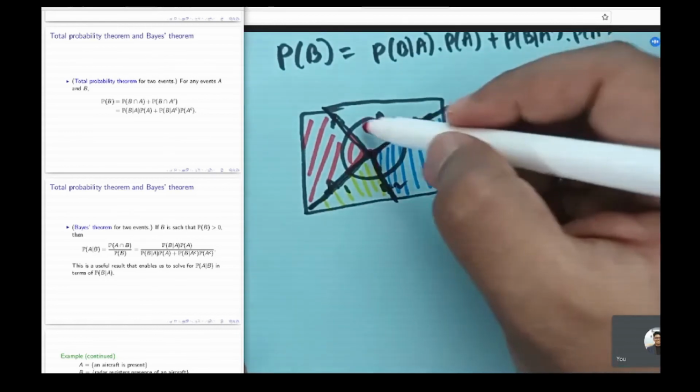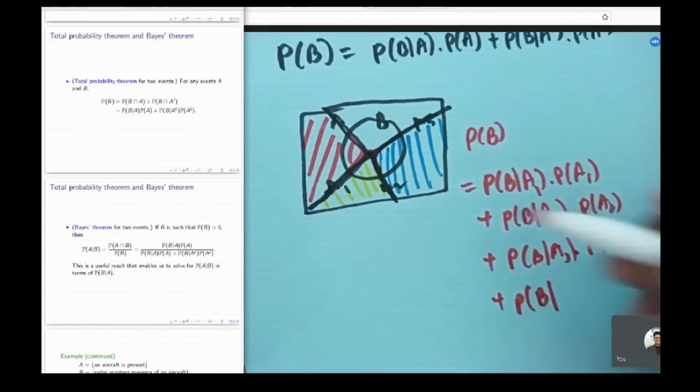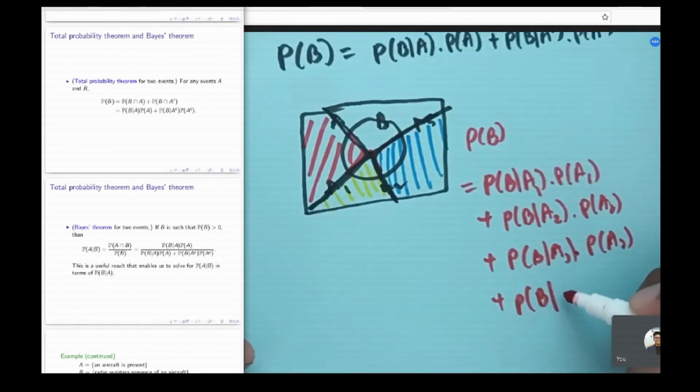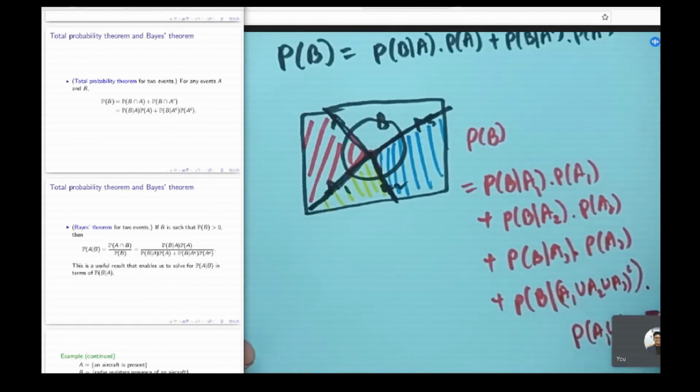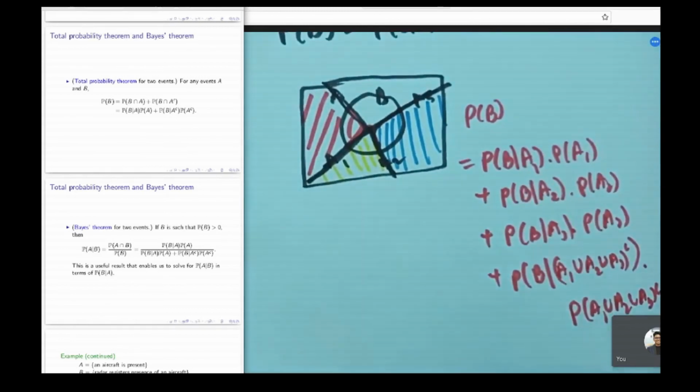And then you have this little part, where you have plus the probability of B given the complement of all these three, which means the complement of A1 union A2 union A3, times the probability of the complement of A1 union A2 union A3. So you can actually write this. So that's how you write the total probability here.